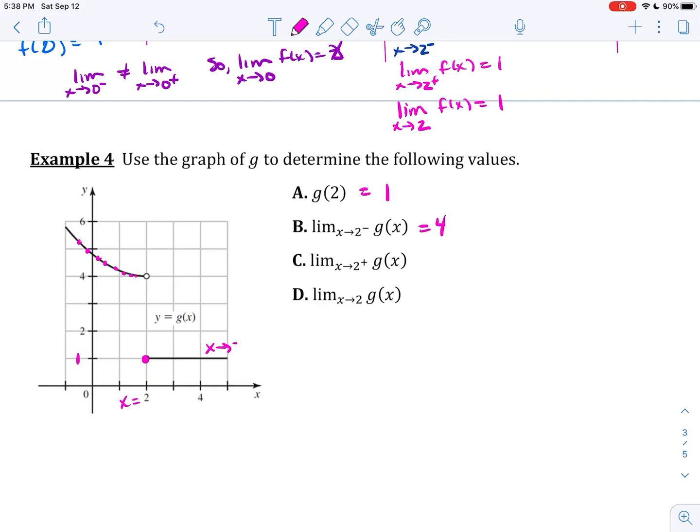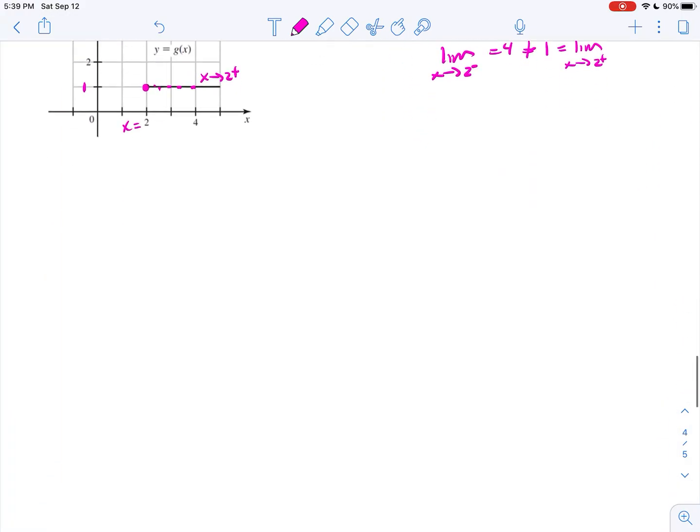So this is x approaching 2 from the right, and we see that that output is going to equal 1. But our two-sided limit is not going to exist because the limit as x approaches 2 from the left equals 4, which does not equal 1, which is the limit as x approaches 2 from the right. And so the limit does not exist from both sides, for the two-sided limit.